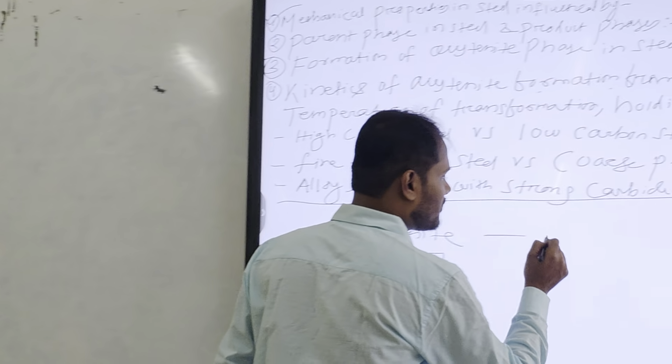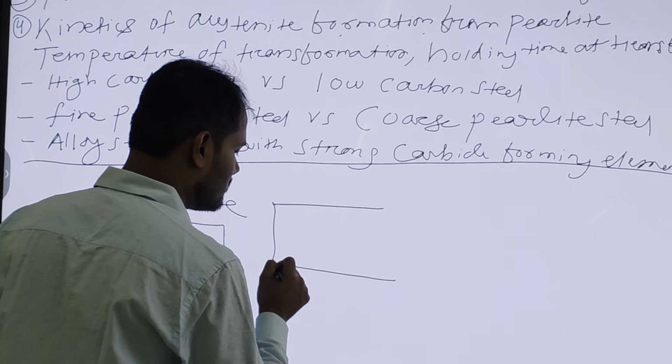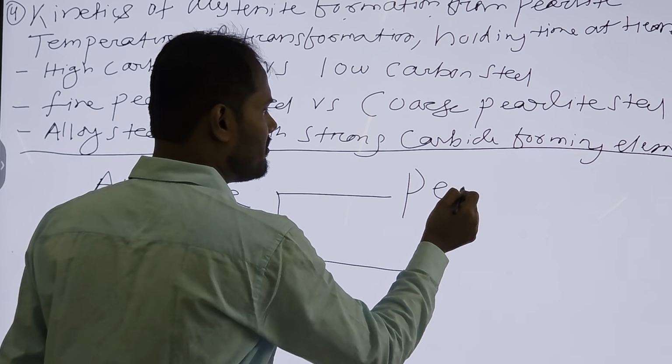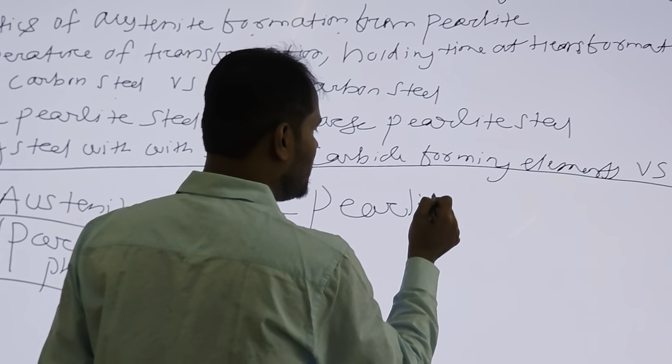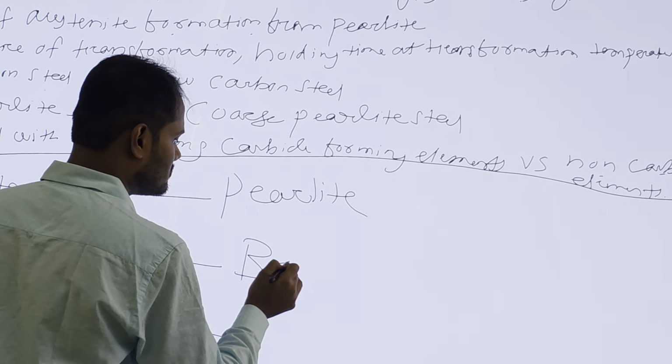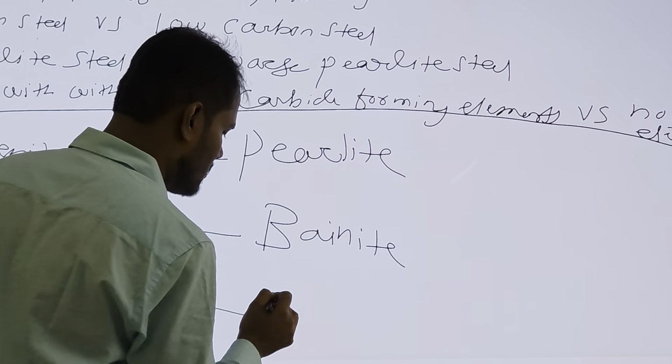And there are different product phases you can get. Basically, I am writing in combined form: pearlite and martensite.